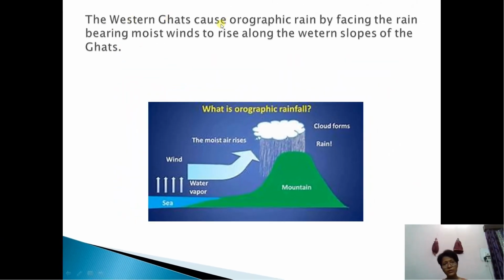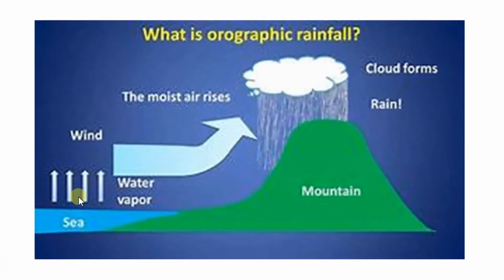The Western Ghats cause orographic rain by forcing the rain-bearing moist winds to rise along the western slopes of the Ghats. So what is orographic rainfall? I'm showing one picture here.